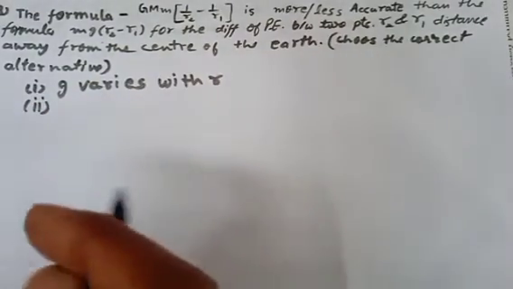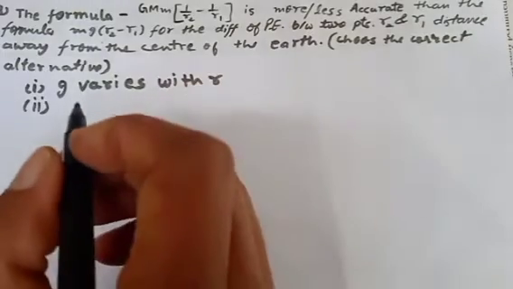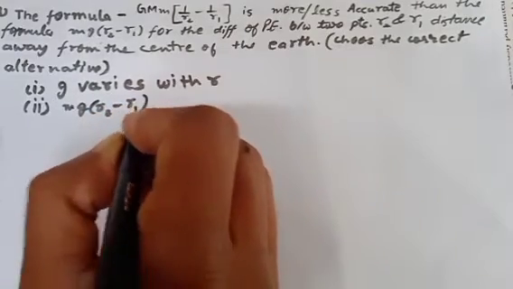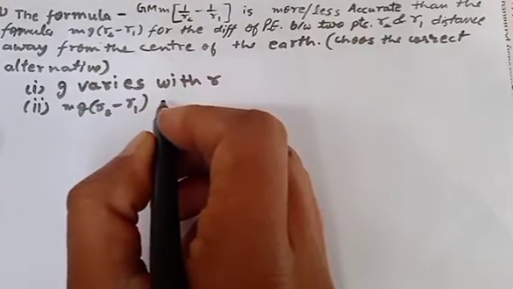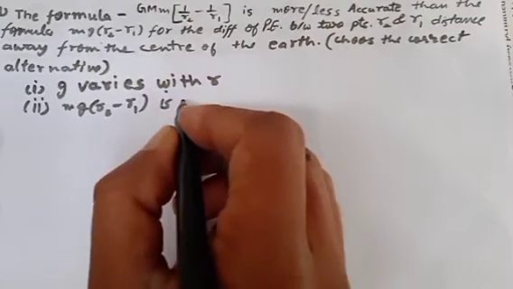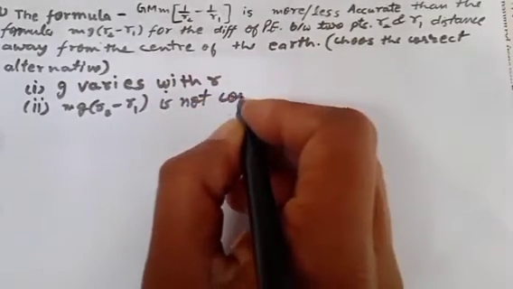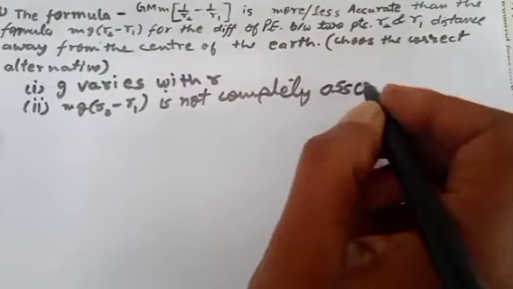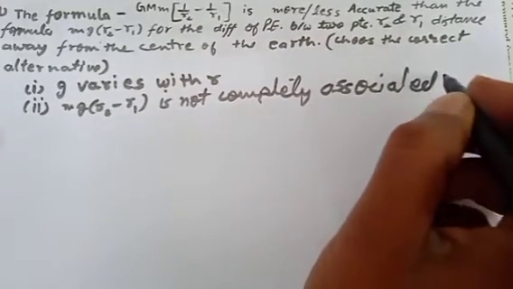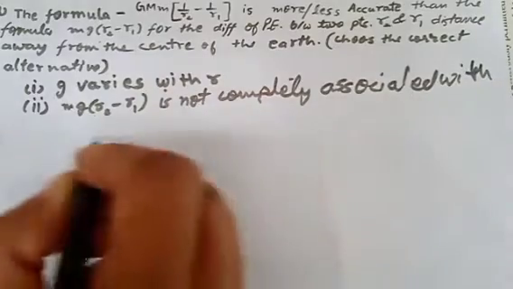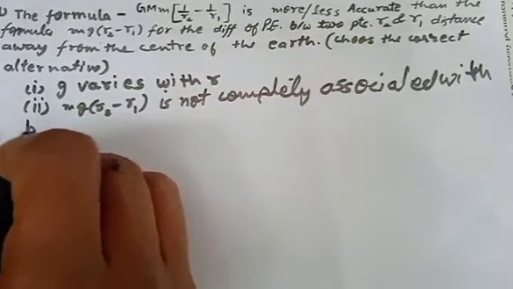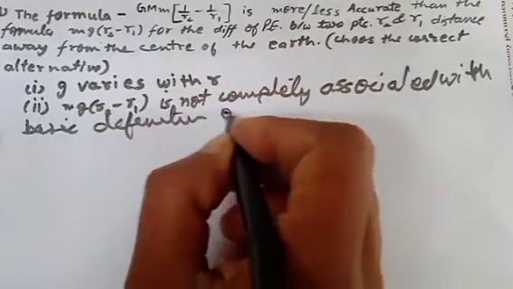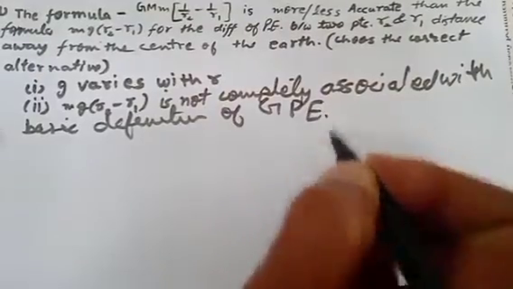Second point, mg(r2 minus r1) is not completely associated with the basic definition of gravitational potential energy.